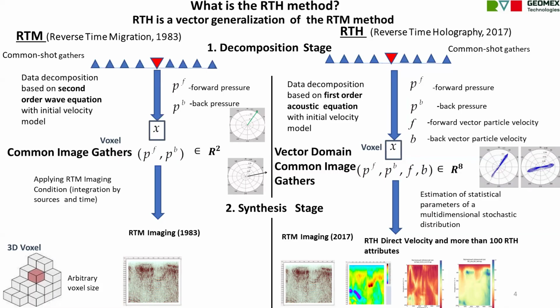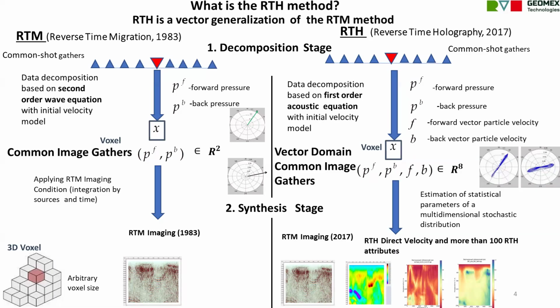Reverse time migration is on the left part, and RTH, reverse time holography, is on the right part of this slide. Both methods take two stages. The first stage is the decomposition stage, the second is the synthesis stage.